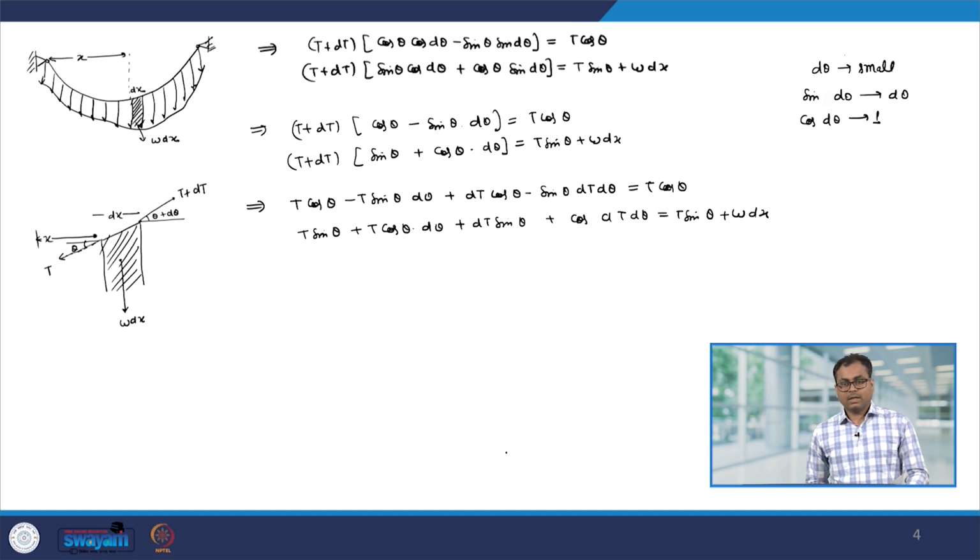Now, since d theta and dt are small, let us drop dt d theta because that will be even smaller.